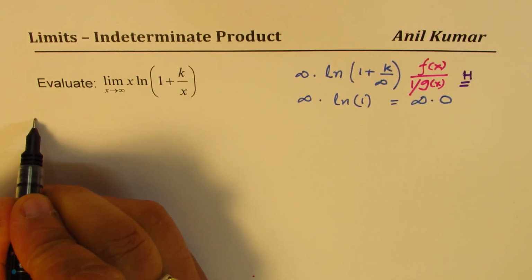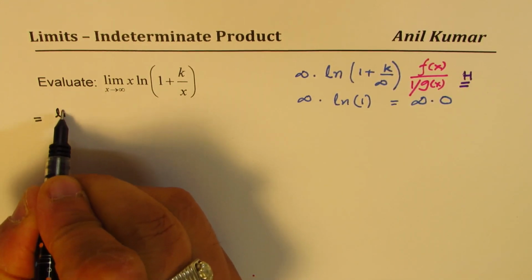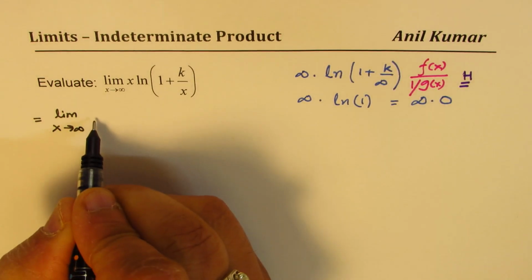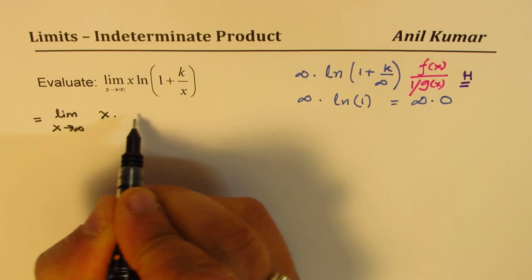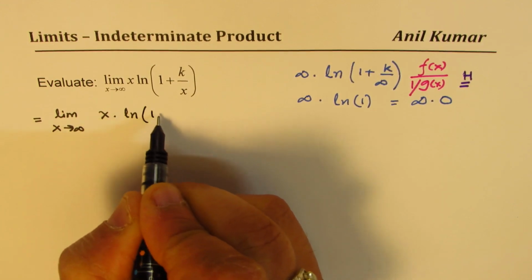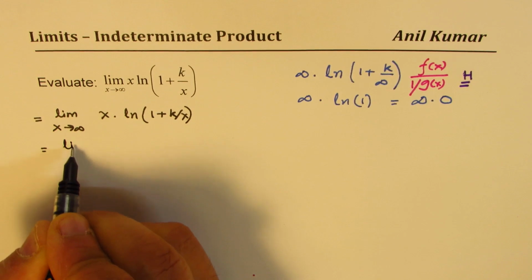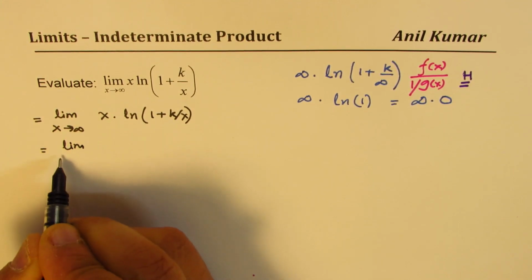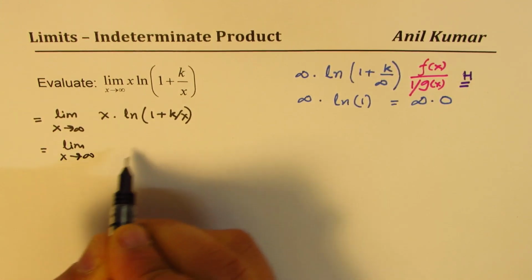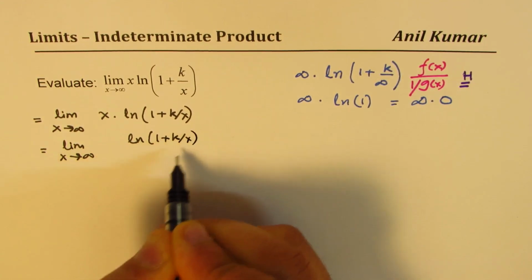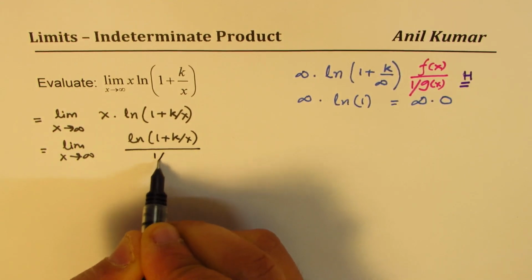So we'll adopt the same approach as before and write it as a ratio of two functions. We are given x times ln(1 + k over x), so let me write x in the denominator as we did last time. So we have ln(1 + k over x) over 1 over x.